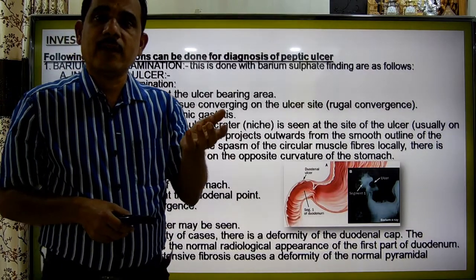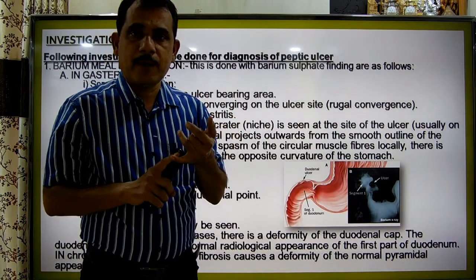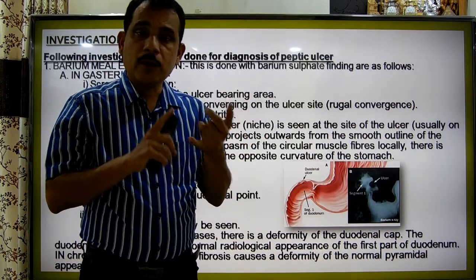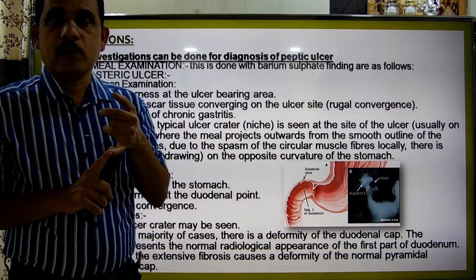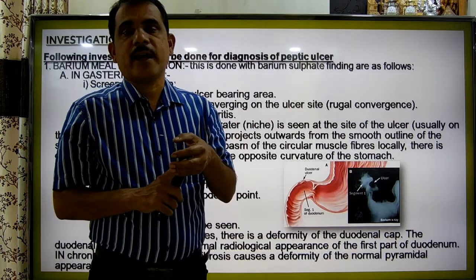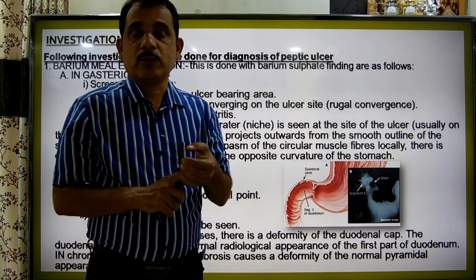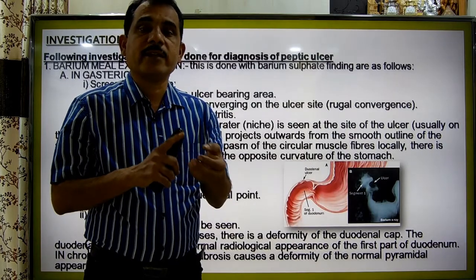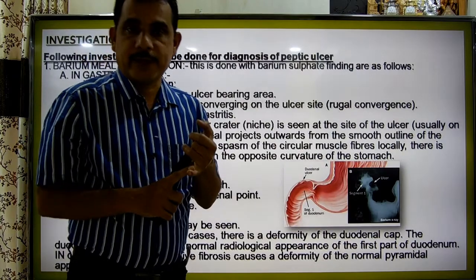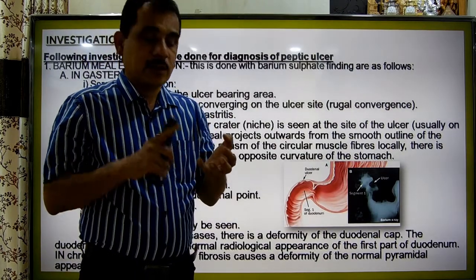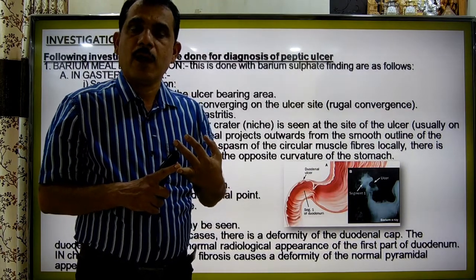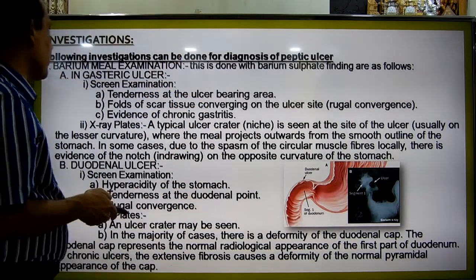So these are additional investigations: first, endoscopy, then stool examination for occult blood, blood examination for anemia, and you can do gastric analysis also, for acid secretion levels as well as examination for the bacteria H. pylori. So these are the investigations used for the diagnosis of peptic ulcer. Then let's see the complications.